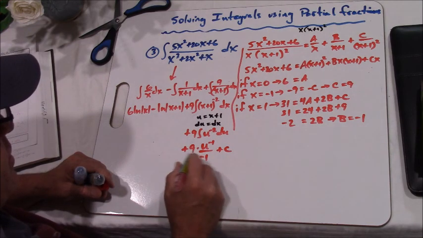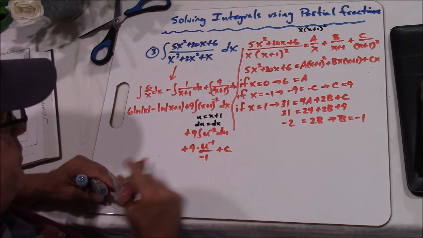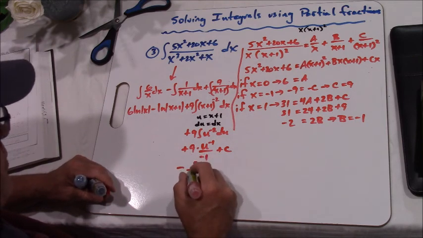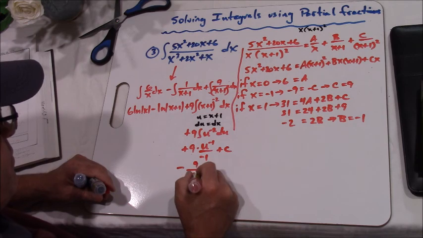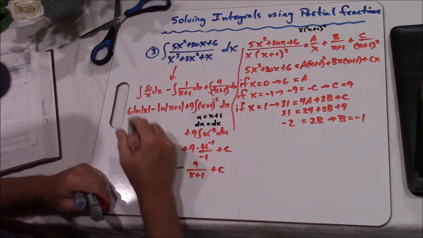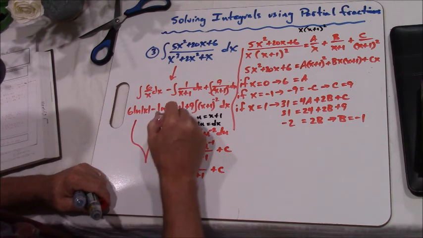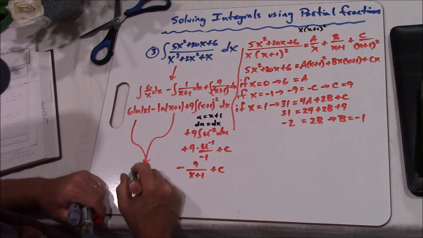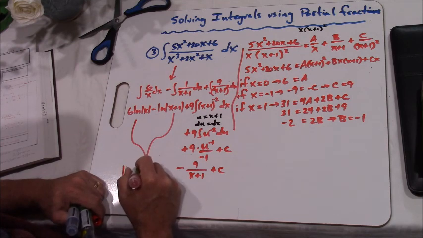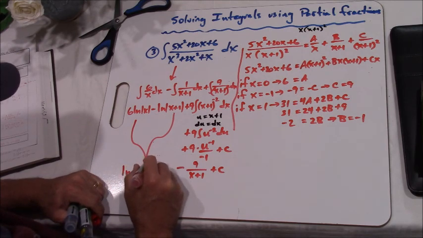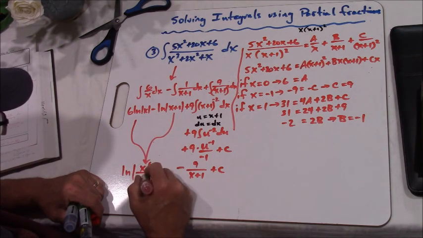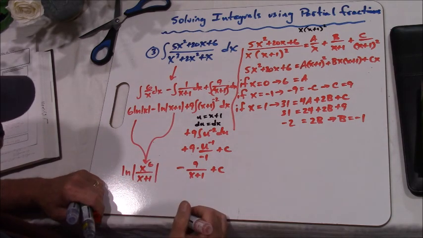And so that's just going to be a negative 9 over u, or negative 9 over x plus 1, plus c. If I bring these two things down, I'm going to have a natural log of absolute value, x to the 6th power. We're subtracting, so that means divide, over x plus 1.